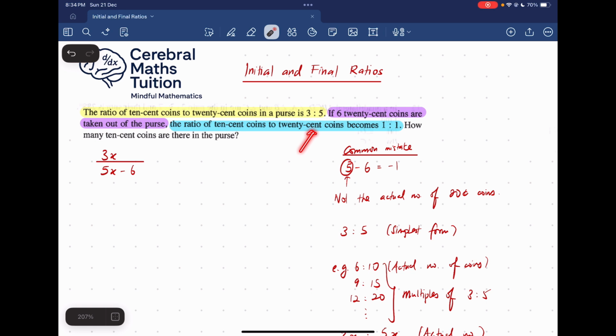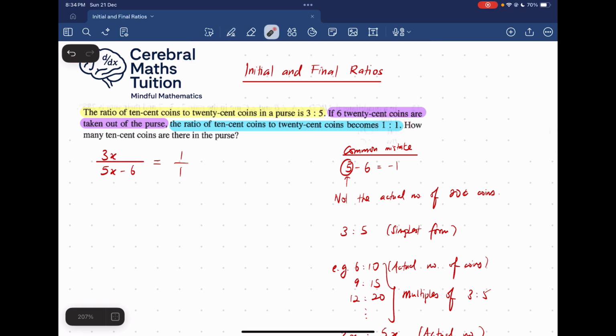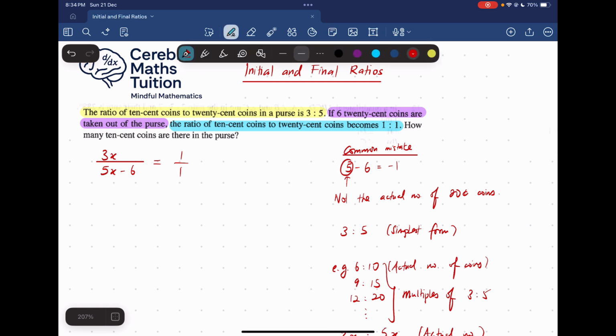Because we have taken 6 20-cent coins out, after we have done that, the ratio of 10-cent to 20-cent coins is 1:1. It's equal to 1:1. We get this very neat and simple fractional equation, which we can simplify by cross multiplication.